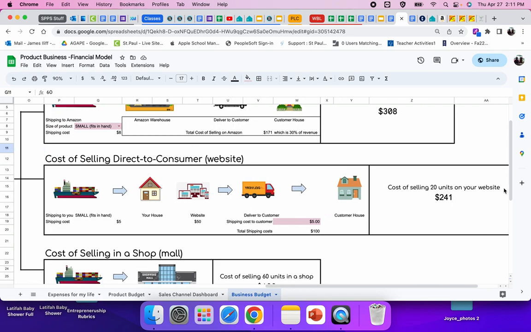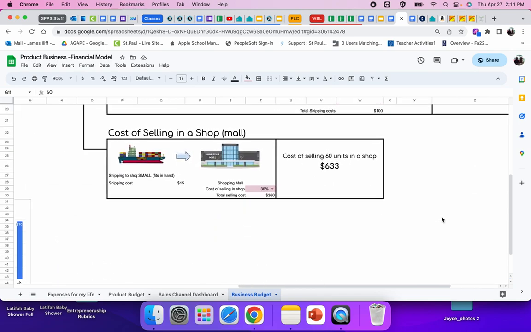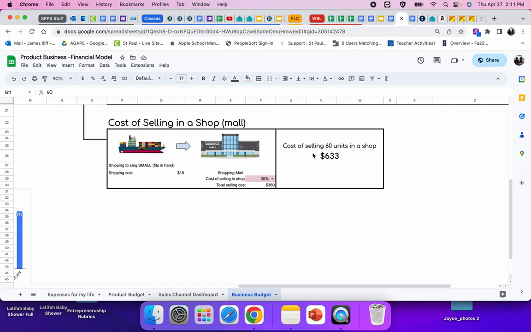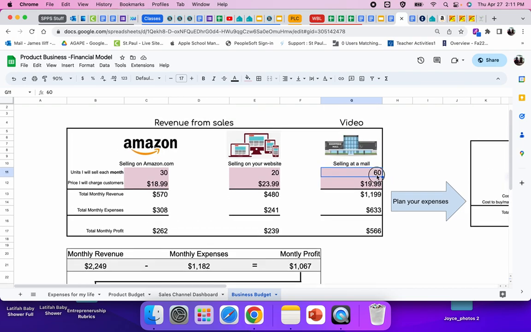Add all that up and your total cost for selling 60 units in a shop is $633. So again, you sold 60 units, you made $1,100, but you had $600 in cost.